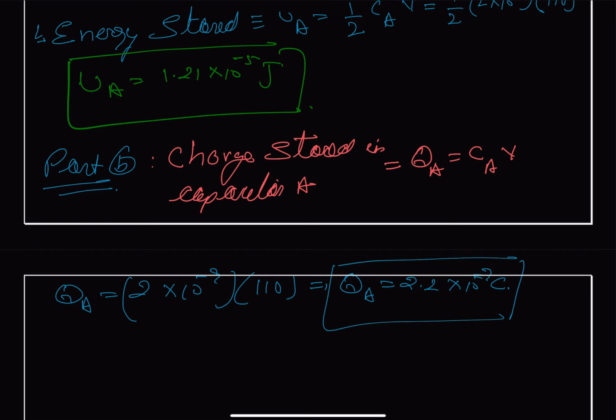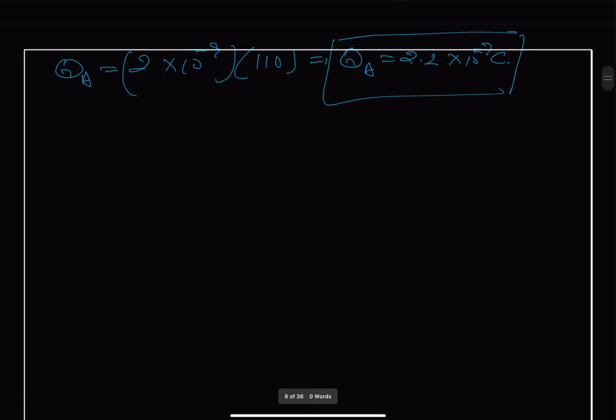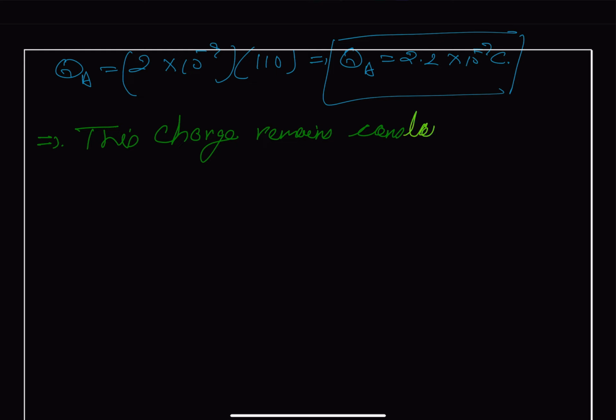And this charge is going to remain constant even after the removal of the battery. Therefore, we can say that this charge remains constant even after the battery is disconnected.